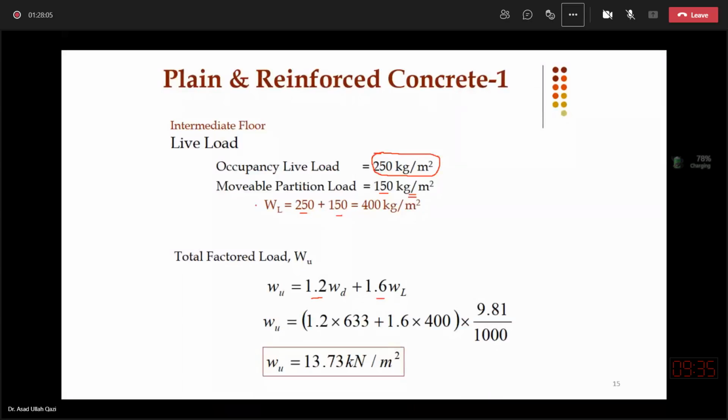In some cases, you may put the partition load along with the dead load to get the load factor 1.2. Here they are quite conservative in selecting the movable partition with the live, because when you are putting something with the live, it means you are getting more load factor for that.